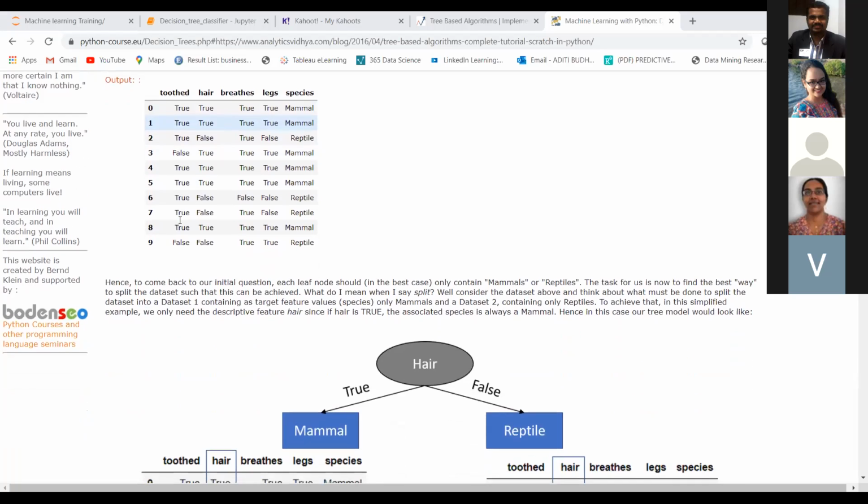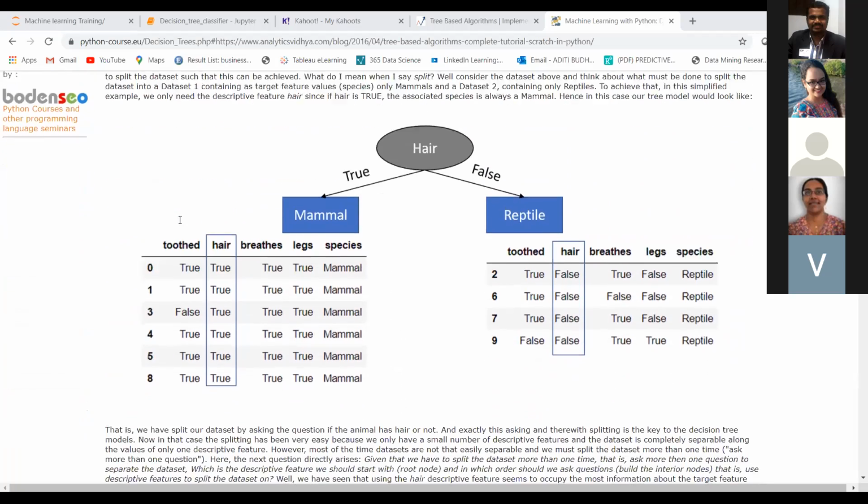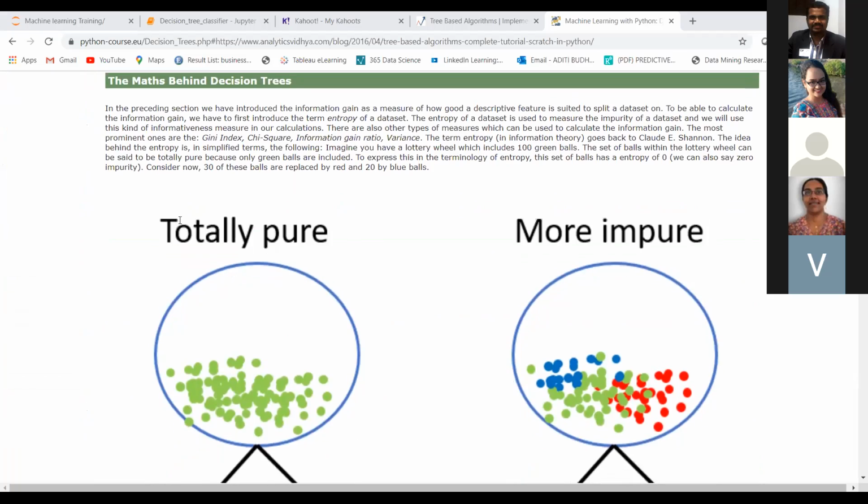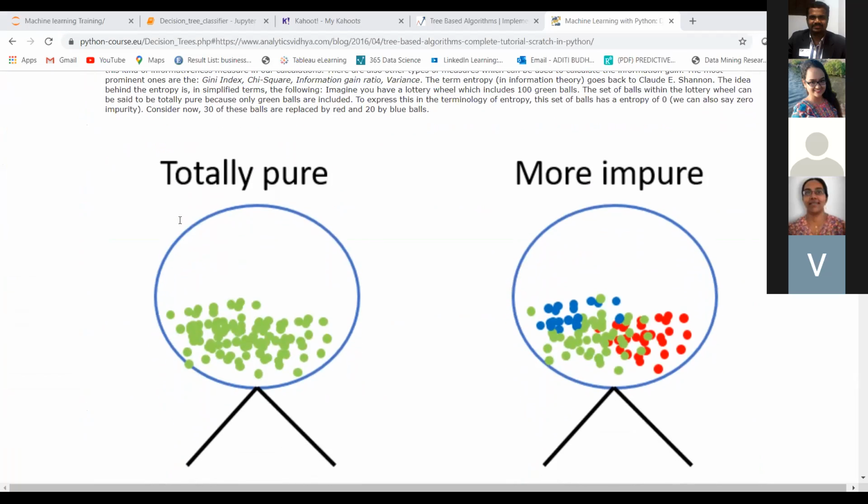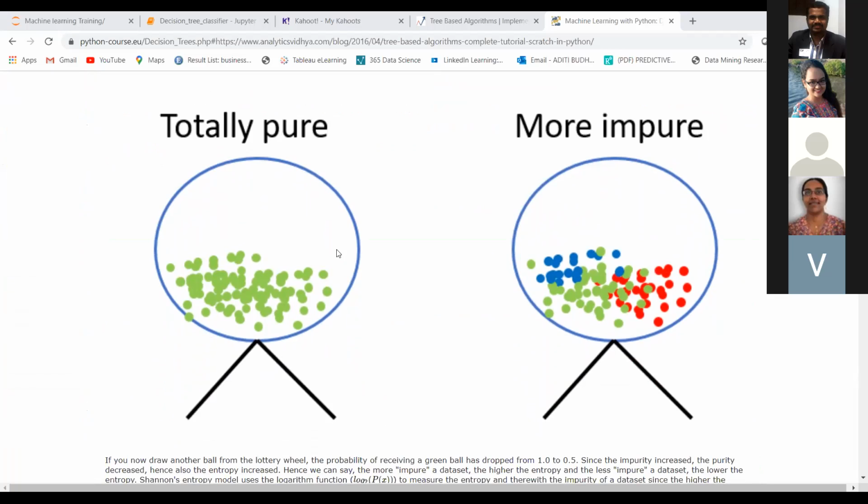Now let's move forward, and over here we will first understand what is meant by entropy. Entropy is nothing but the impurity. Impurity in a data set is known as entropy. The more impure your data set is, the more the entropy. Over here you can see that in this circle we have just one colored circles, but over here we have three different colored circles.